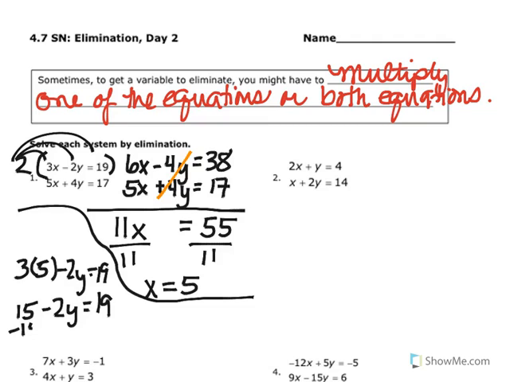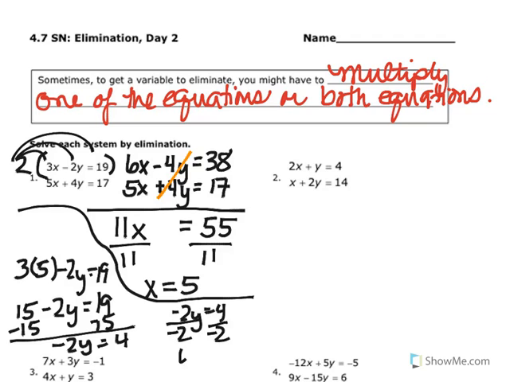So let's subtract 15 on both sides. So now we have negative 2y equals 4. I'll bring that over here. And when we divide by negative 2, we get y equals negative 2. So there's our solution. Let's always write it as a coordinate pair, 5 comma negative 2. And there you go.